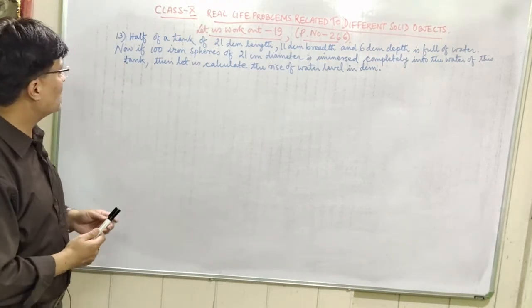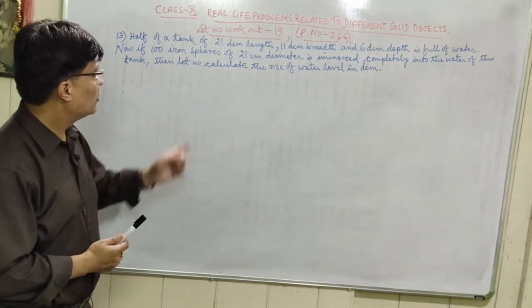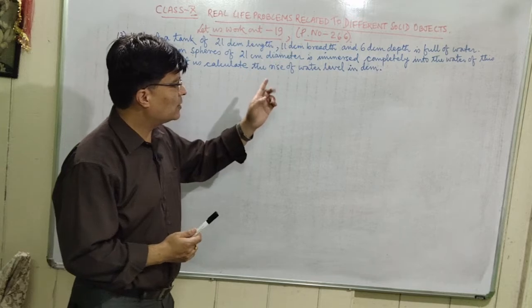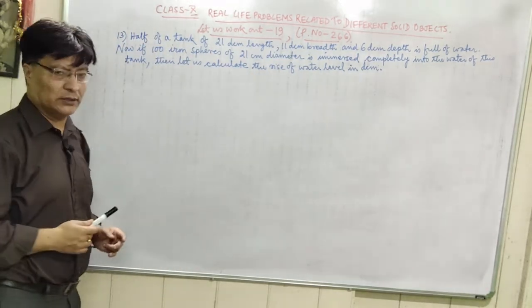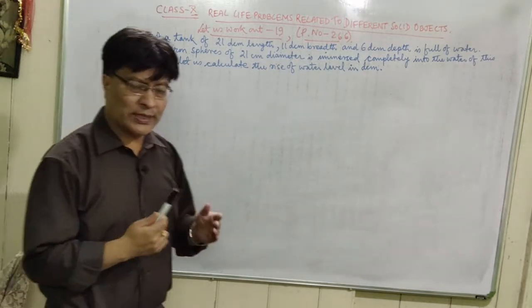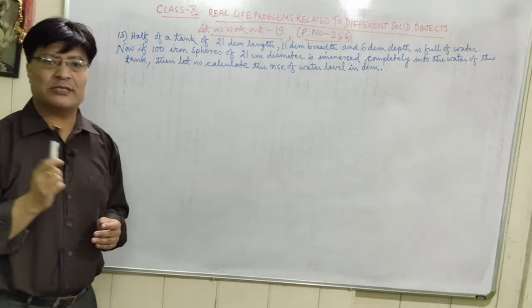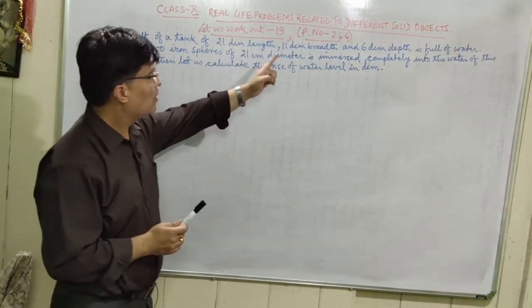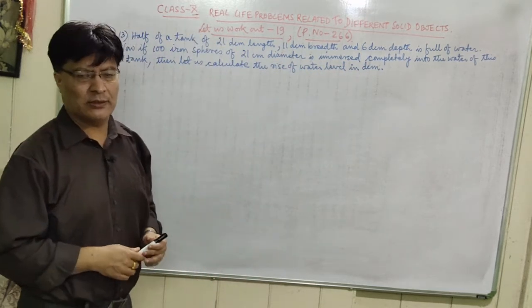So the question number 13 is half of a tank of 21 decimeter length, 11 decimeter breadth and 6 decimeter depth is full of water. So that means there is a rectangular parallelepiped shaped tank whose length is 21 decimeter, breadth is 11 decimeter and the depth is 6 decimeter.